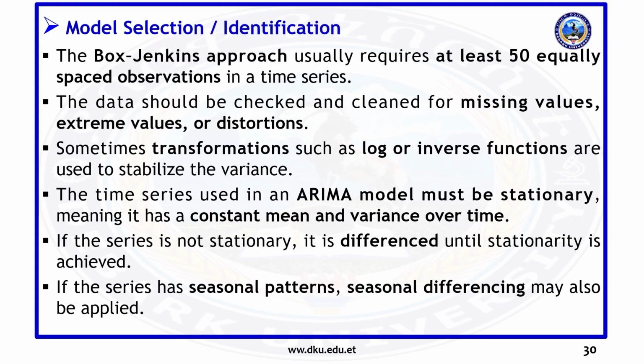Next, we move to the model selection or identification phase in the Box-Jenkins approach. The Box-Jenkins approach usually requires at least 50 equally spaced observations in a time series to work effectively. Before modeling, the data should be checked and cleaned for missing values, extreme values, or any distortions that could affect the result. Sometimes transformations such as logarithms or inverse functions are applied to stabilize the variance.